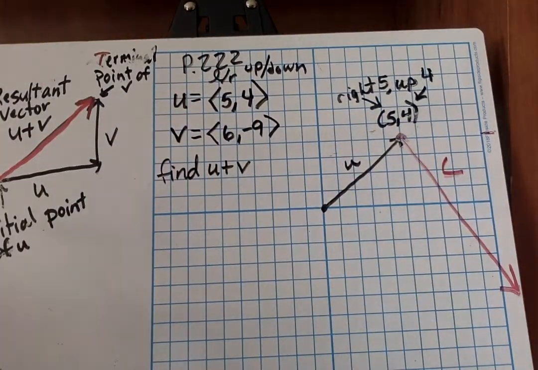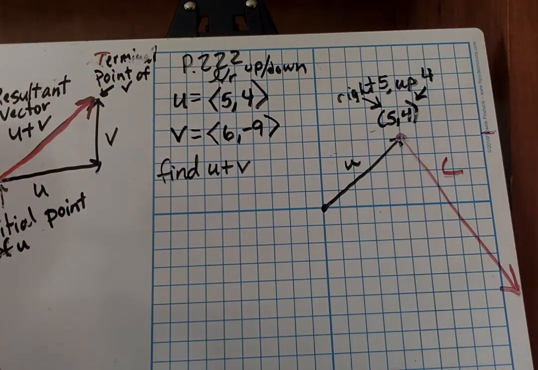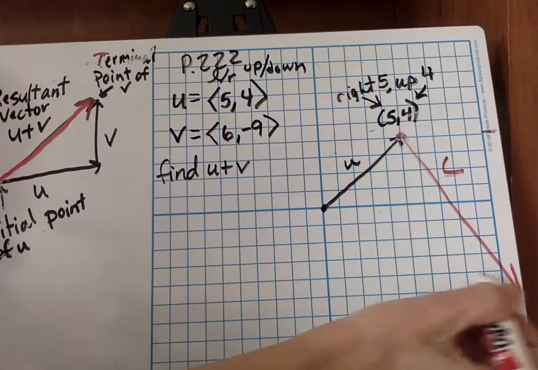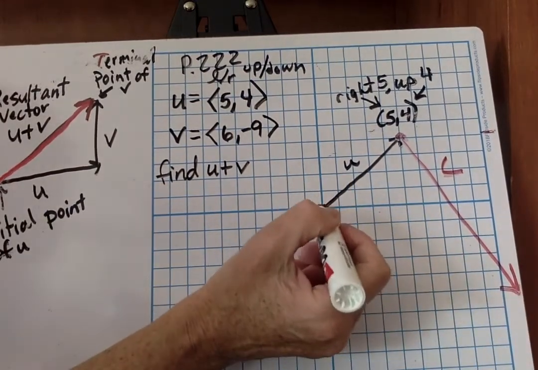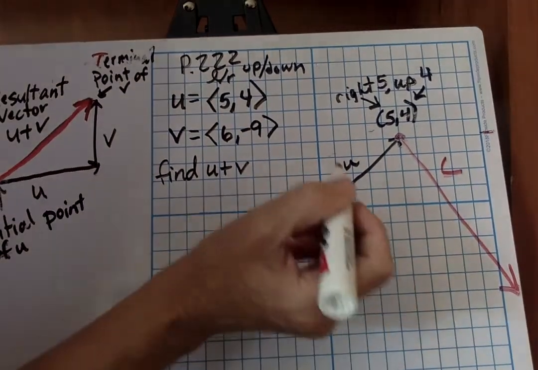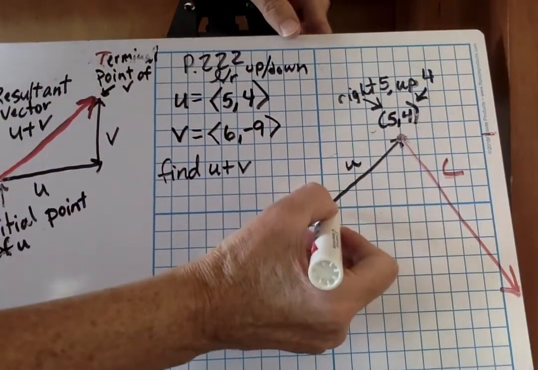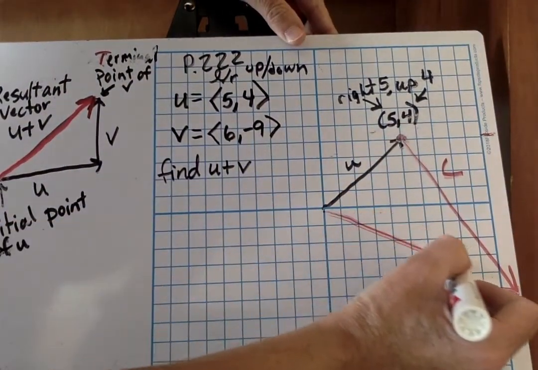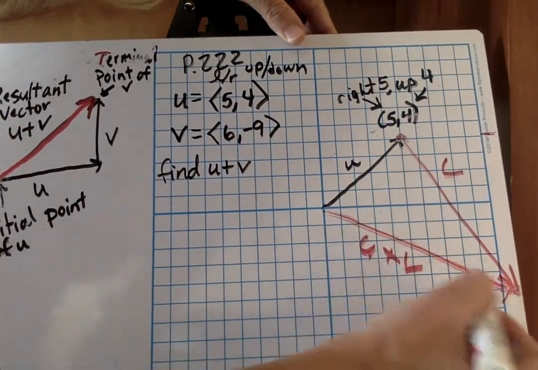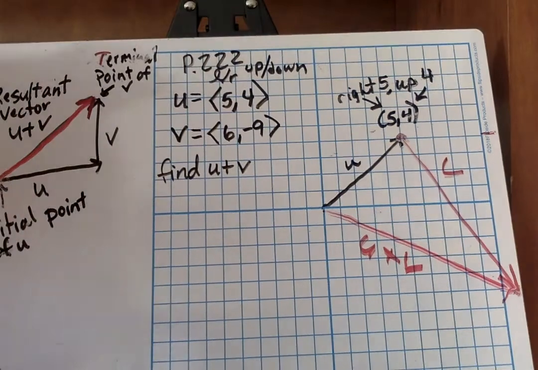Okay. Then to do U plus V, we start with the initial point of U and go to the terminal point of V. I should have done V in black, but I didn't. So here is U plus V, all the way over to here.